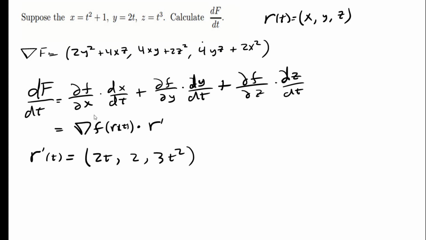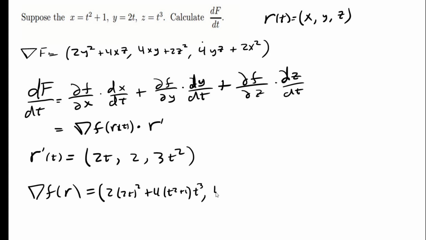Now I need the gradient of f in terms of basically t. So I'm just going to plug in my x, y, and z into the gradient. So this is going to be 2 times 2t squared plus 4t squared plus 1, t squared plus 1, that's x times z, which is t cubed.